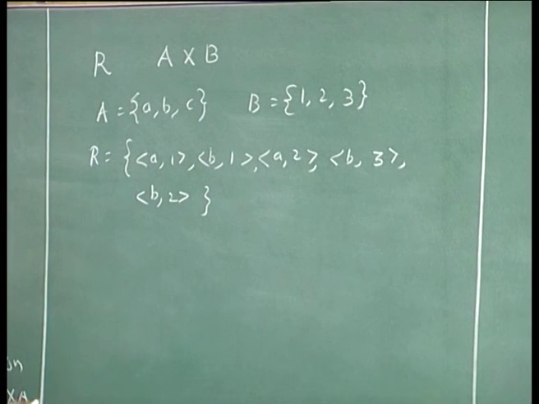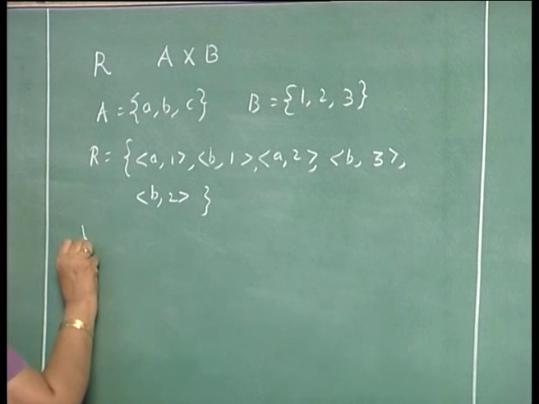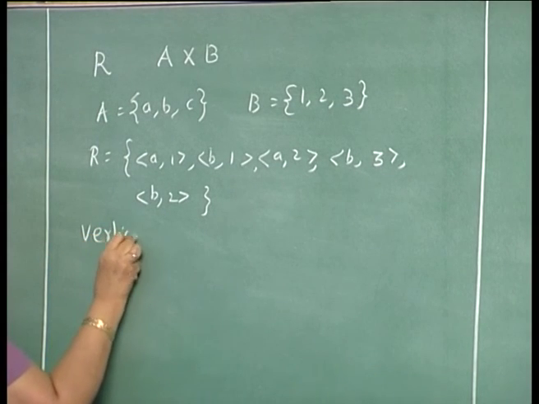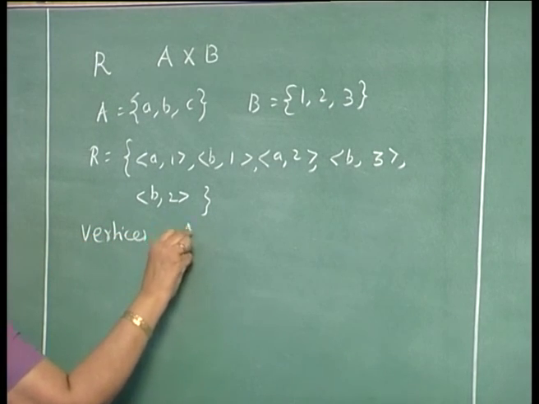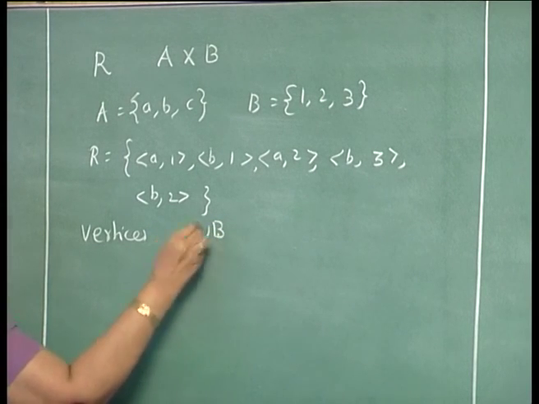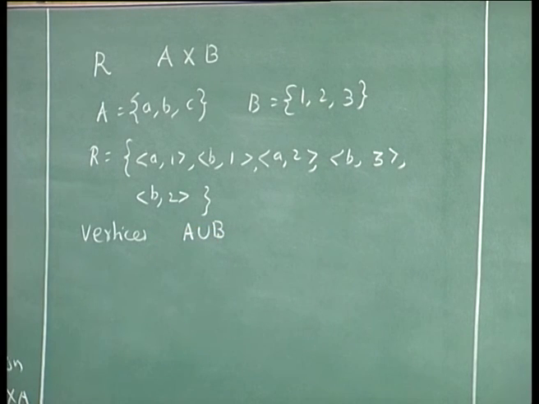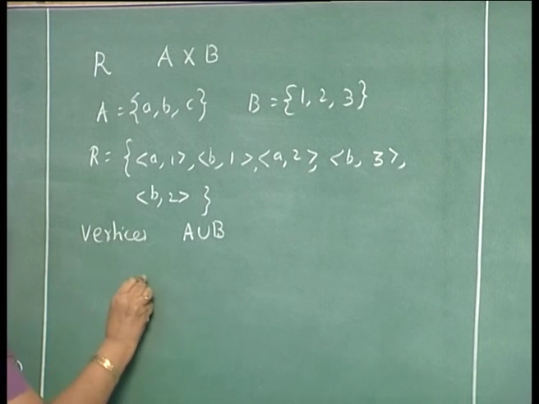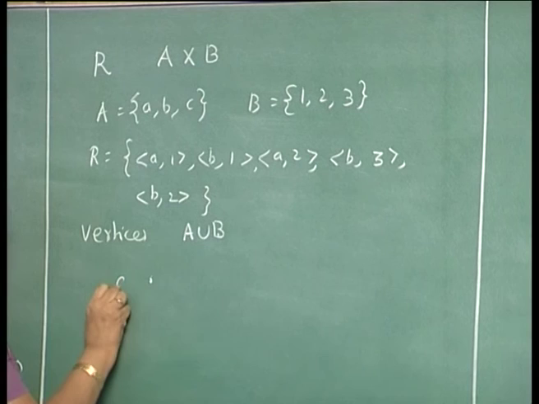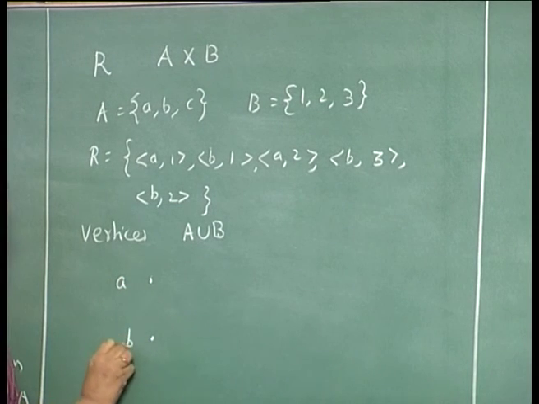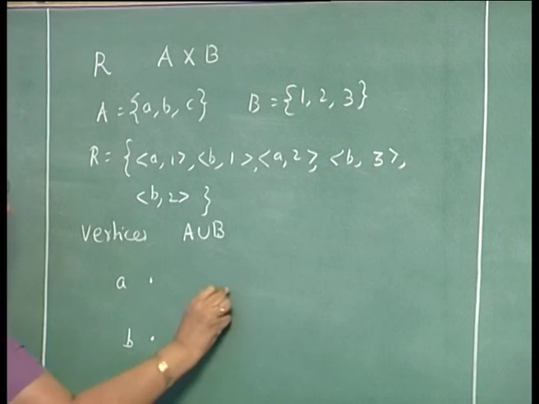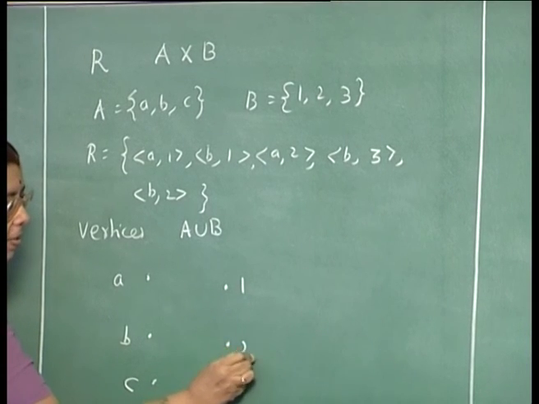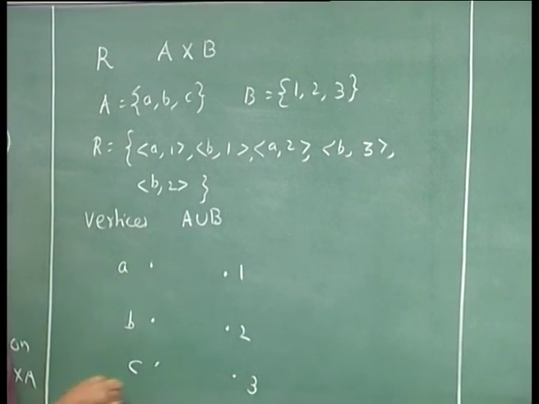Then you represent it as a graph where the vertices are A union B and the edges are represented from A to B. The binary relation will be represented by a graph like this: 1, 2, 3.